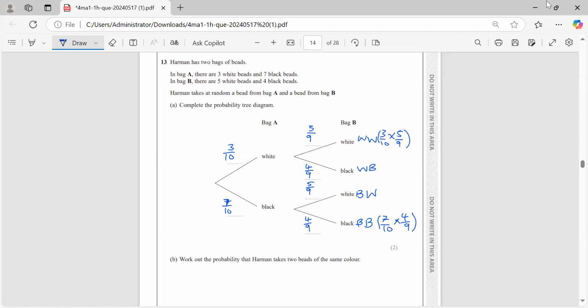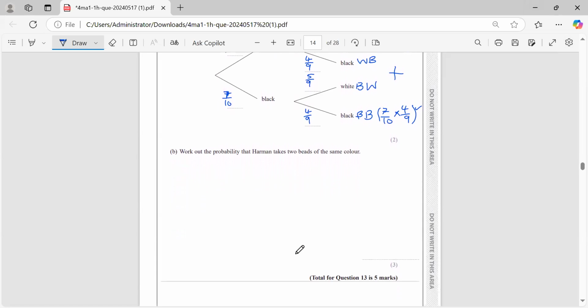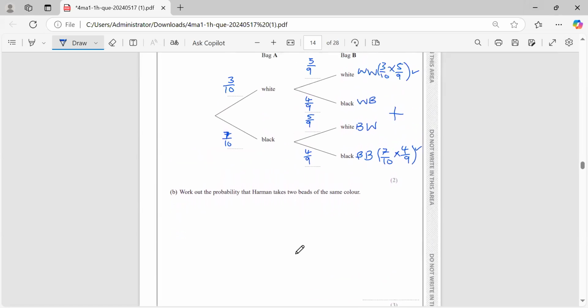You add the 2 products, and the sum of these 2 products will give you the probability that Hammond takes 2 beads of the same color.